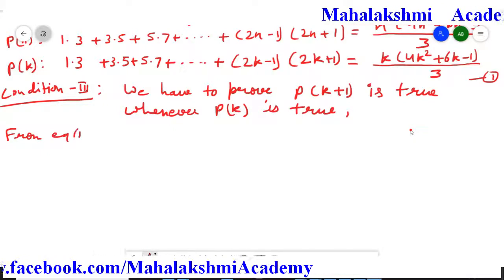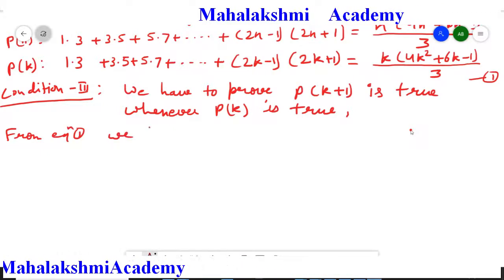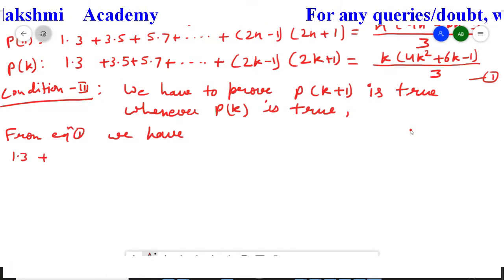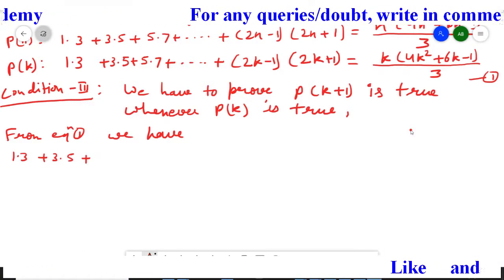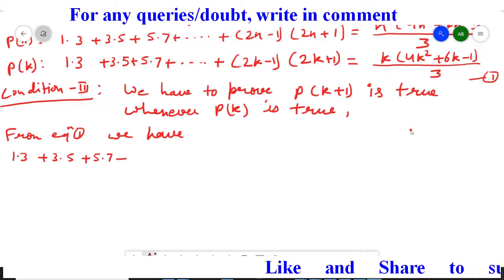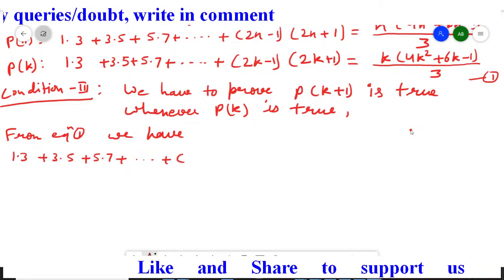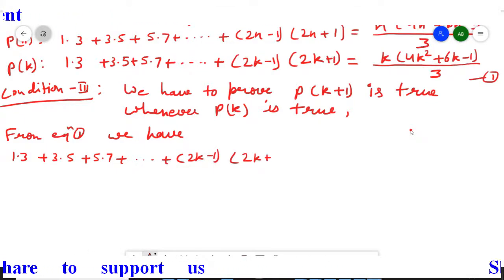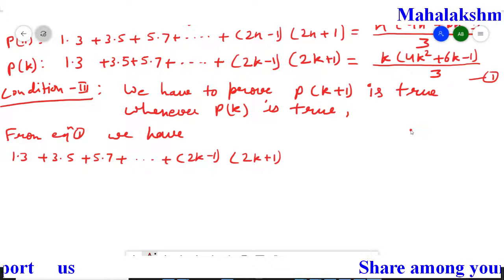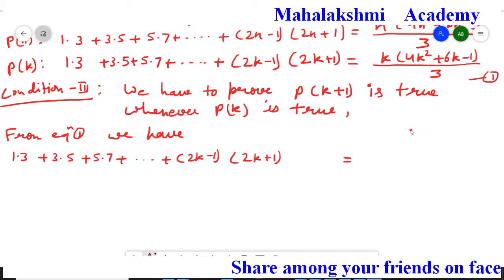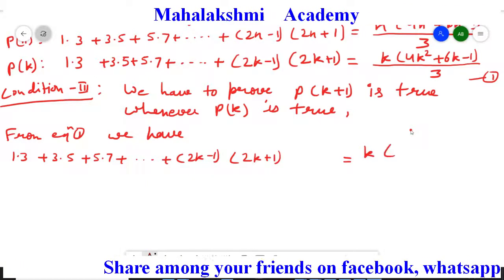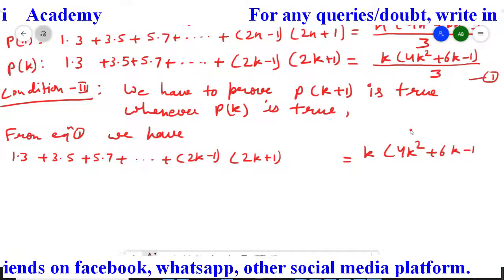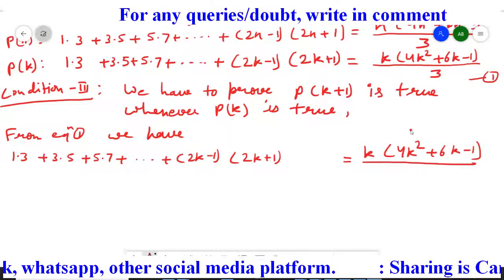From equation 1 we have 1.3 plus 3.5 plus 5.7 plus extended up to (2k minus 1)(2k plus 1), I am leaving some gap here, then equal to k(4k square plus 6k minus 1) divided by 3.